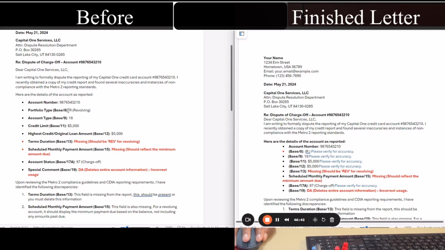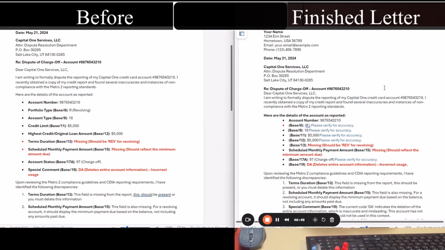So this is going to be the actual letter that we would send out. This letter is not going to be doing the work for them. It doesn't tell them exactly what field we're actually disputing.